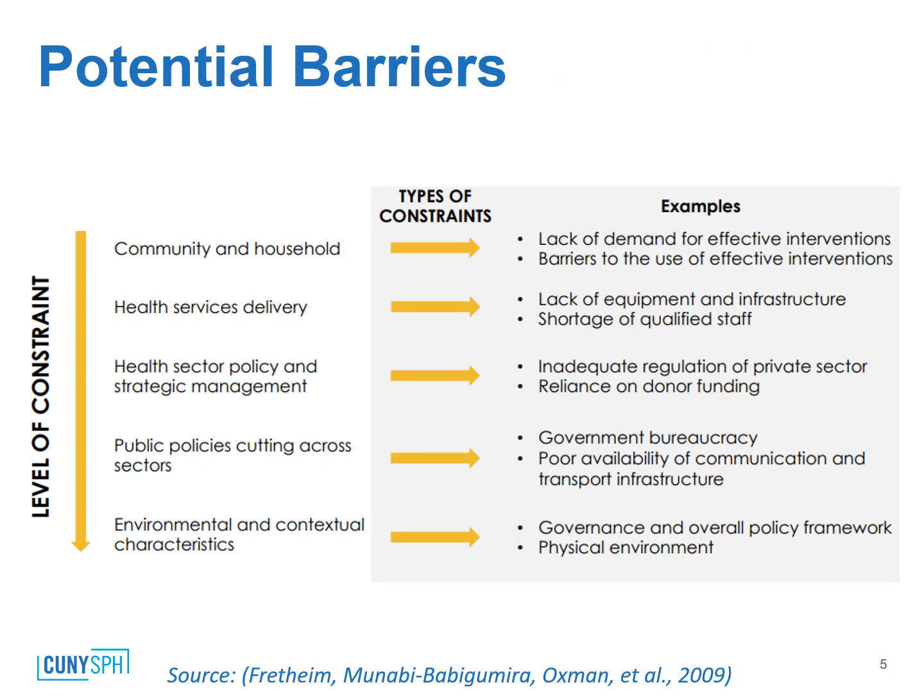Barriers exist at multiple levels of the system. At the community and household level, limited demand or misconceptions may undermine policy uptake. Within service delivery, shortages of staff, equipment, or infrastructure can constrain implementation capacity. And at the policy and managerial level, poor regulation, fragmented governance, or reliance on donor funding can generate vulnerabilities.